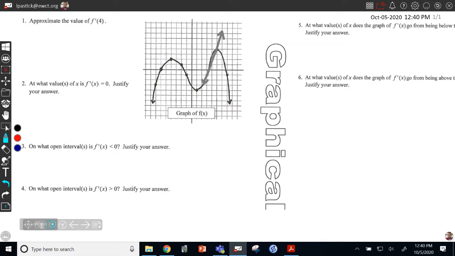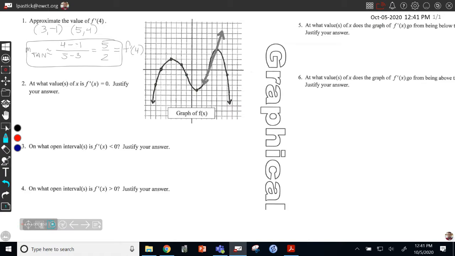It looks like the points are (3, -1) and (5, 4). I found that the slope of this secant line is approximately 5/2, which will be a good approximation for f prime of 4.